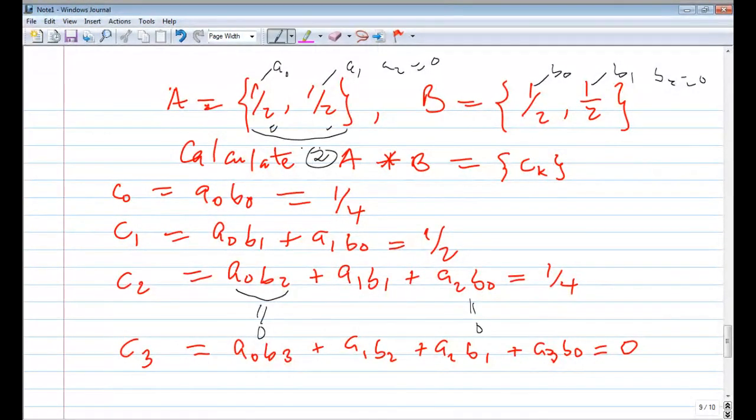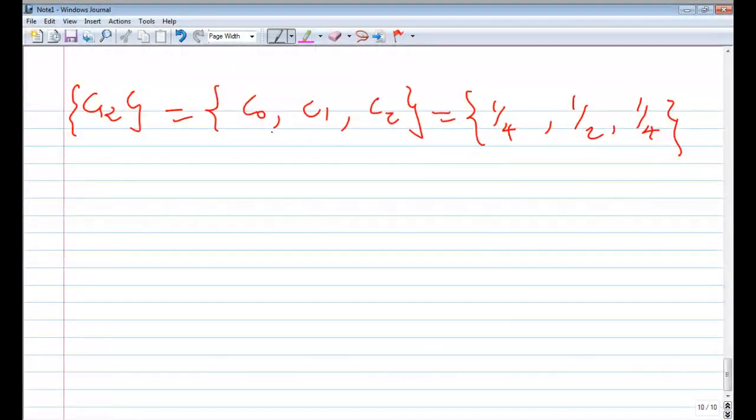In filter B, it's half and half. Again, there are two. Now, if you add the two outcomes from A and B, you get 4, because 2 plus 2 is 4. Then you subtract 1, and your answer will be 3. That is why you have C0, C1, and C2.